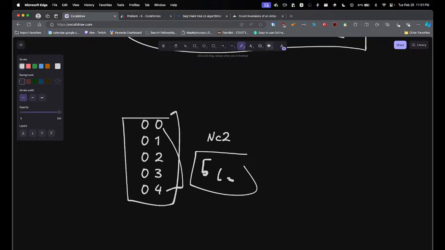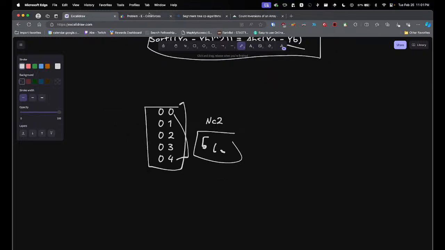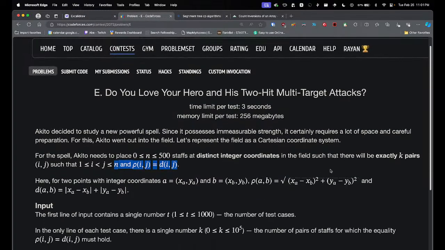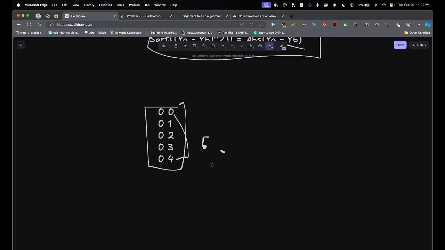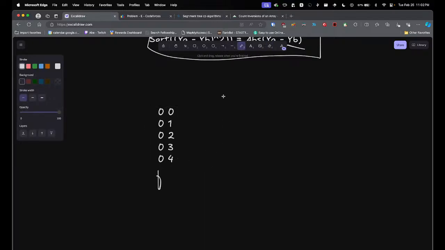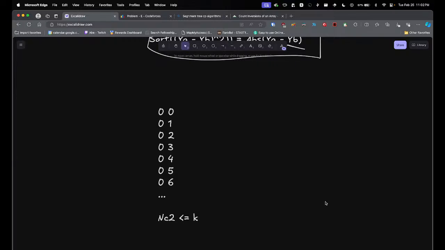So now this is good, but the problem is I can't always make NC2 equal to k. k can be any number. So what do I do? Simple thing, I keep on taking 0, 5, 0, 6. I do this till NC2 is less than or equal to k.